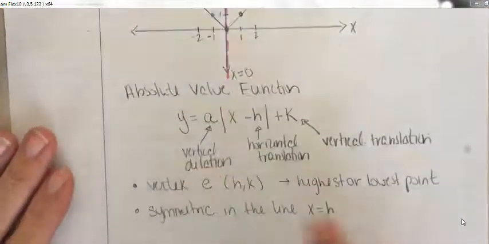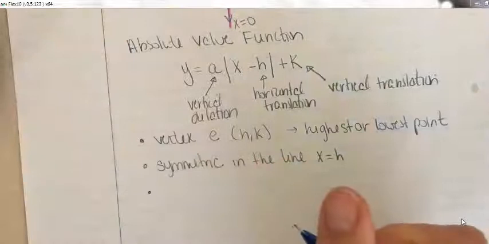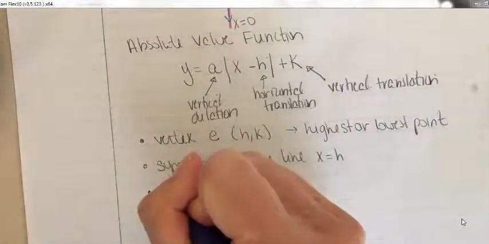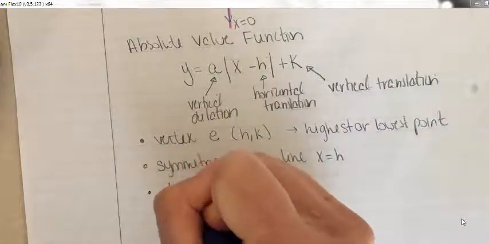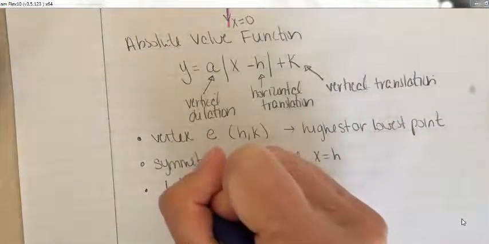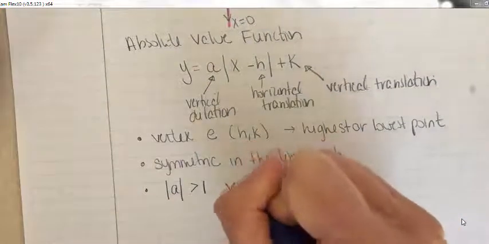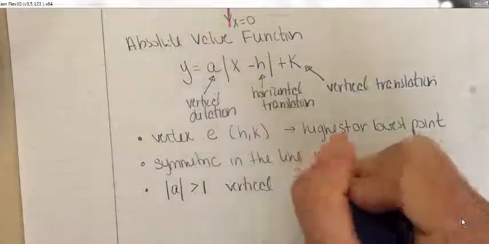Okay, A is your vertical dilation. Okay, so if we have the absolute value of A, so always think about it as positive. The absolute value of A being greater than 1, then we have a vertical stretch, meaning it gets thinner and taller.